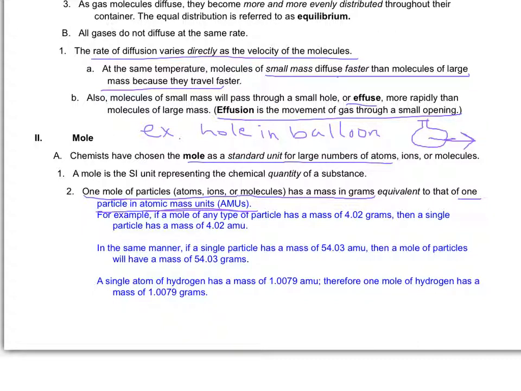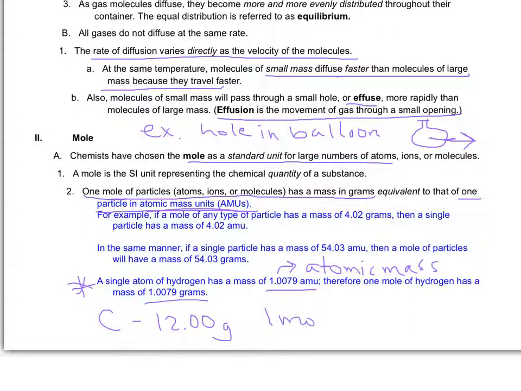Let's look at a better example. A single atom of hydrogen has a mass of 1.0079 atomic mass units. This is its atomic mass from the periodic table. So 1 mole of hydrogen would equal that many grams. If we had carbon, for example, carbon's mass on the periodic table is 12.00 grams.